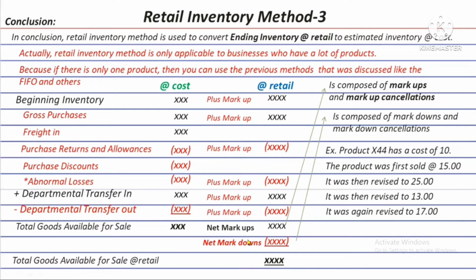Unfortunately, although we know that the net markups is just markup minus markup cancellations, and the net markdowns is just markdowns minus markdown cancellations, we still don't know the concepts of these four. That is why we have this illustrative situation, right? So let's use this illustration to learn about the concepts of these four: the markup, markup cancellations, markdown, markdown cancellations, after this short intro.